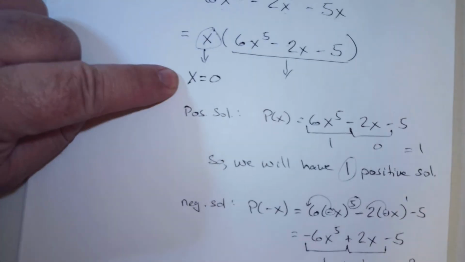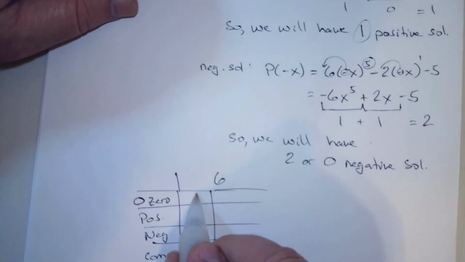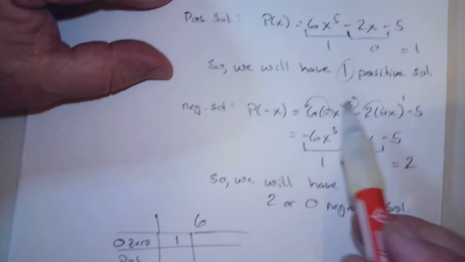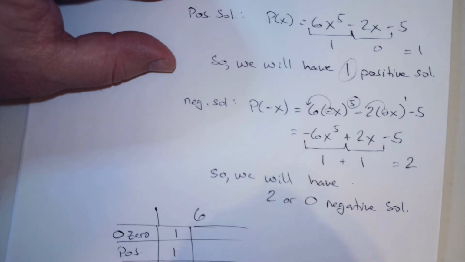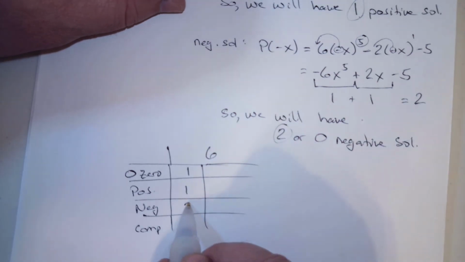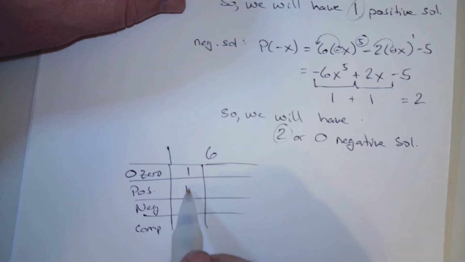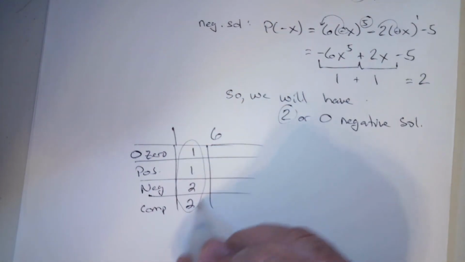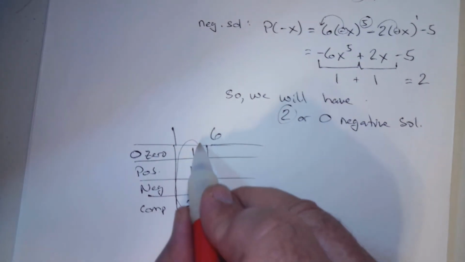So remember, we had 1 zero, so that has to be there. We have 1 positive, so that has to be there. So we can have 2 negatives. It's 2, 3, 4. We have to equal 6, so we'll have 2 complex numbers. Add those up, equals 6.